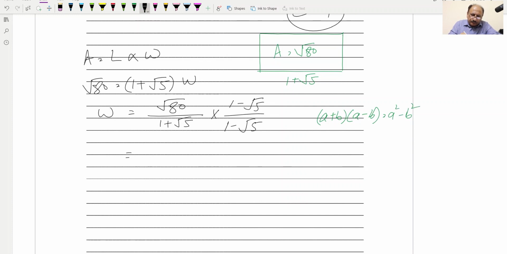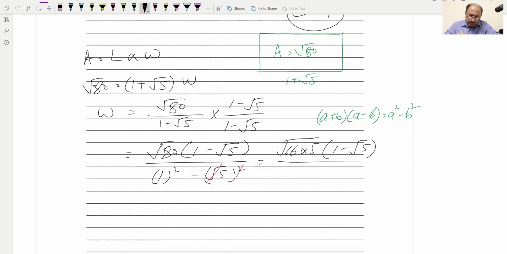This will be under root 80 multiplied by 1 minus under root 5, divided by 1 squared minus under root 5 squared, and we can cancel this square by the under root. Also we can write 80 as under root of 16 into 5, and this will be 1 minus under root 5 divided by 1 minus 5.